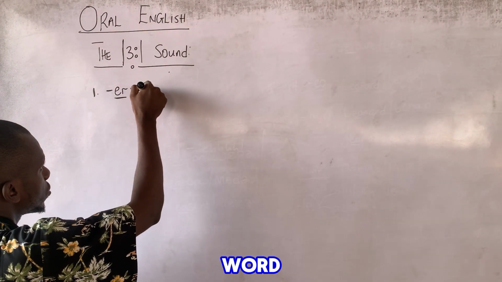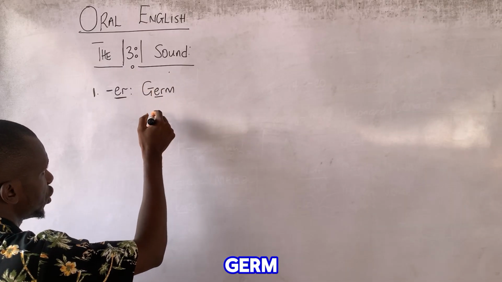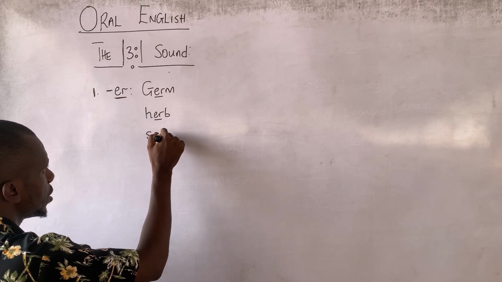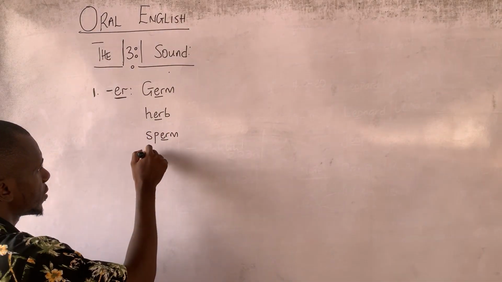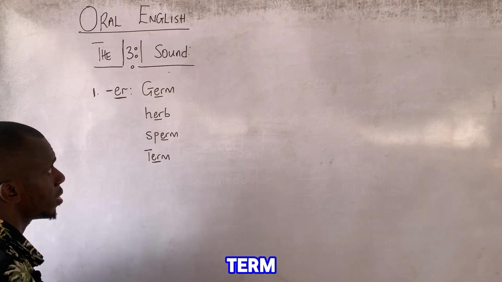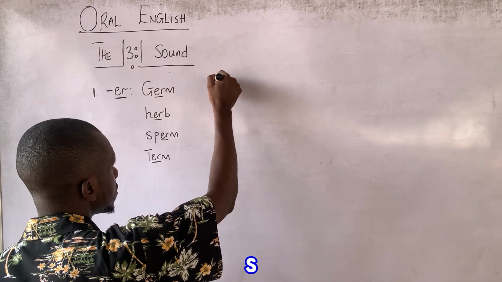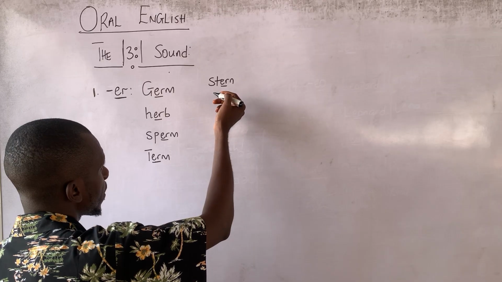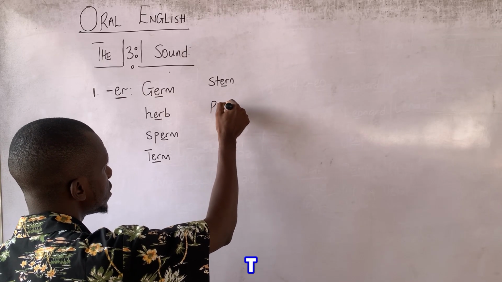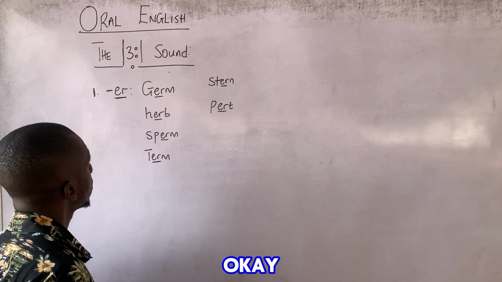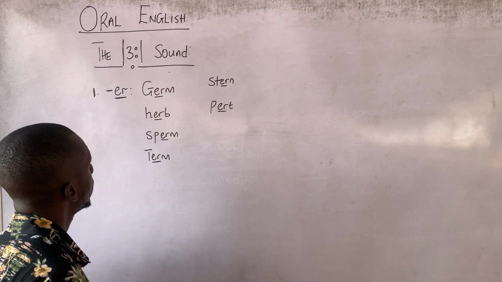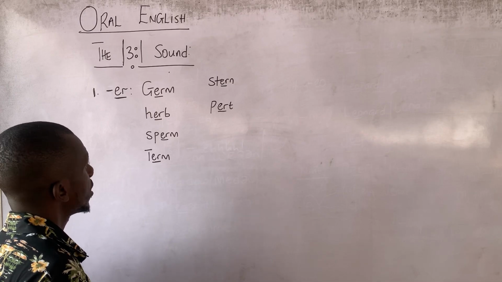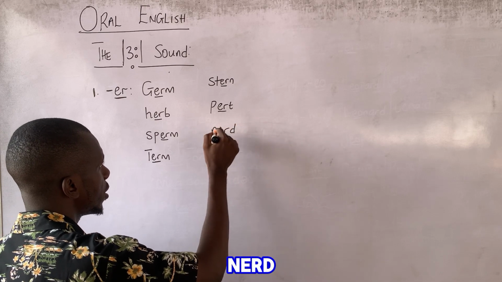As in the word germ, which we call germ, herb, which we call herb, sperm, which we call sperm, term, which we call term, stern, which is called stern, pert, which we call pert, and we will have a word like nerd, for nerd.